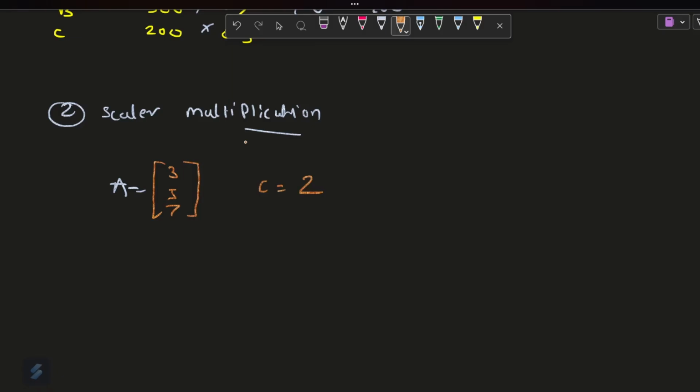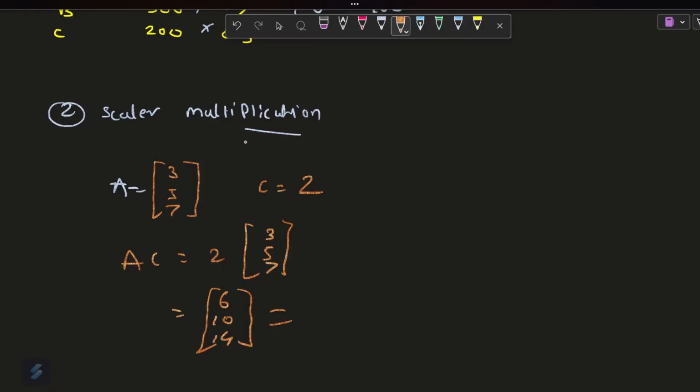So how do we scale that? It is 2 multiplied by 3, 5, 7, and we get a new vector: 6, and multiplying the others we get 10 and 14. That is an example of scalar multiplication.